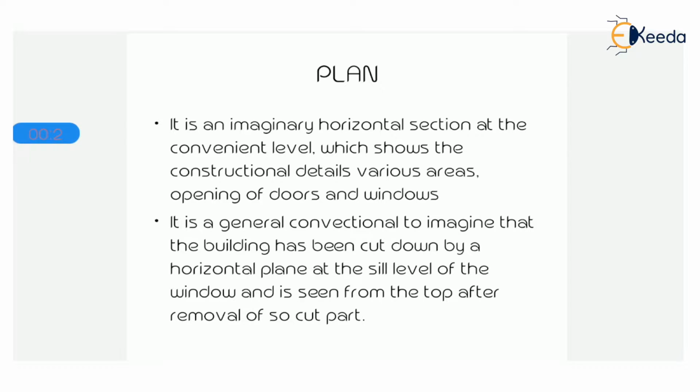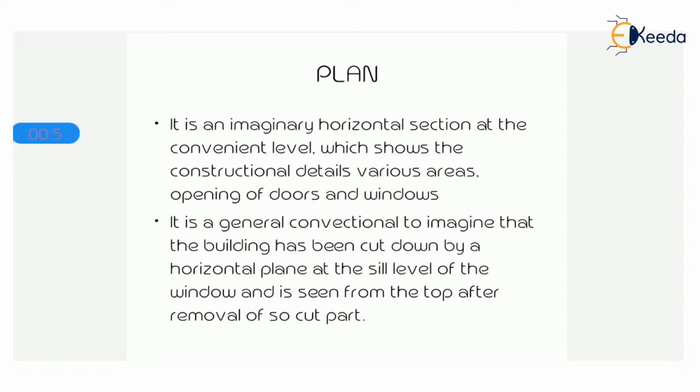Plan is an imaginary horizontal section at a convenient level which shows the construction details, various areas, and openings of doors and windows. It is a general convention to imagine that the building has been cut by a horizontal plane at the sill level of the window and is seen from the top after removal of the cut part.